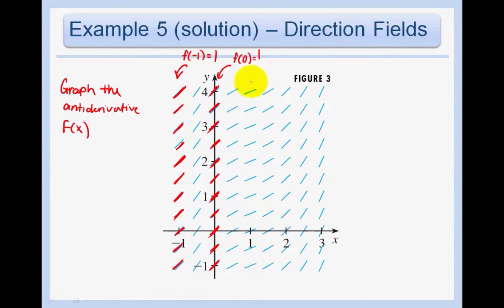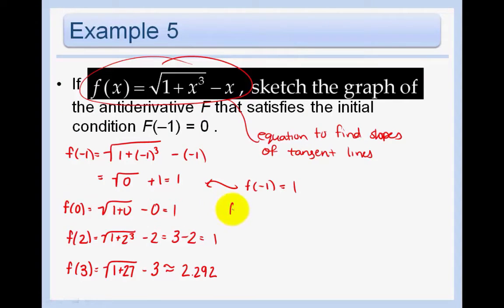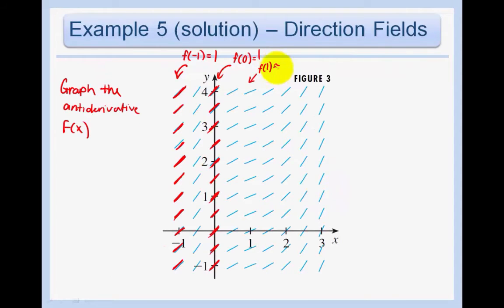And so, oops, I skipped f of 1. What was f of 1? It's about 0.414. So that's going to be like half as steep as my 45 degree. So I just draw them all in.